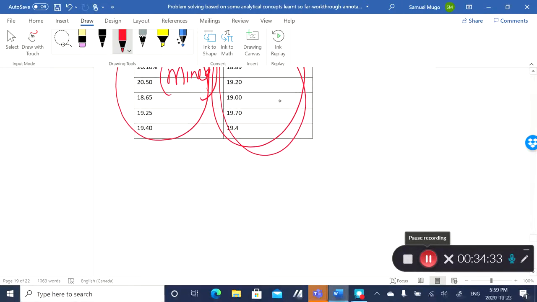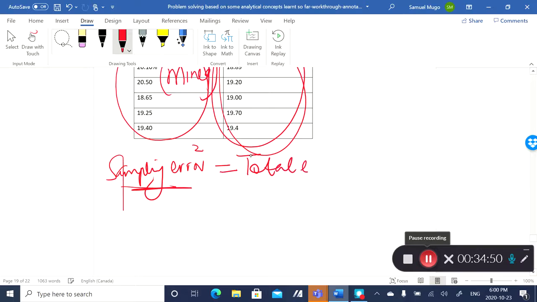The calculation is to determine the sampling error. Remember our relationship, and you can check the notes: the sampling error squared, or the standard deviation, really, because error is a standard deviation, is equal to the total error squared minus the measurement error squared.